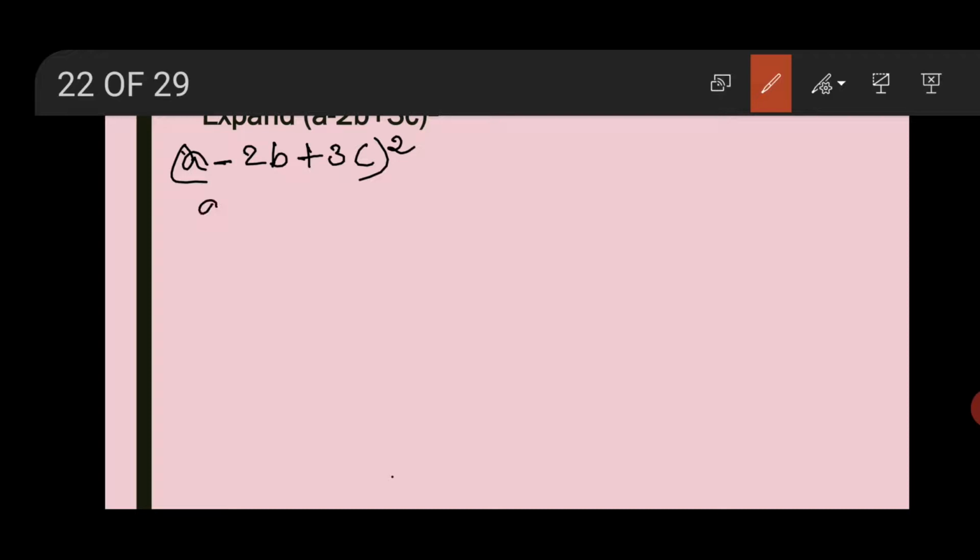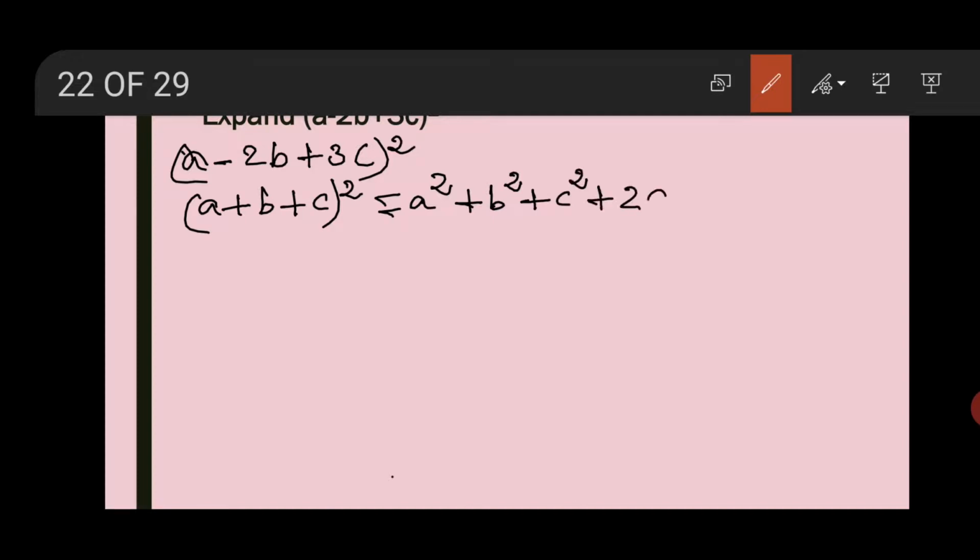This is in the form of which identity? (a + b + c) whole square is equal to what? Recall this identity: a square plus b square plus c square plus 2ab plus 2bc plus 2ca.